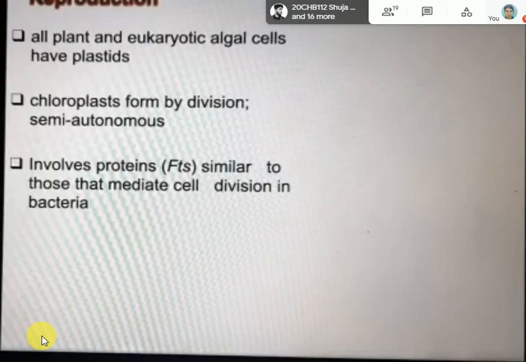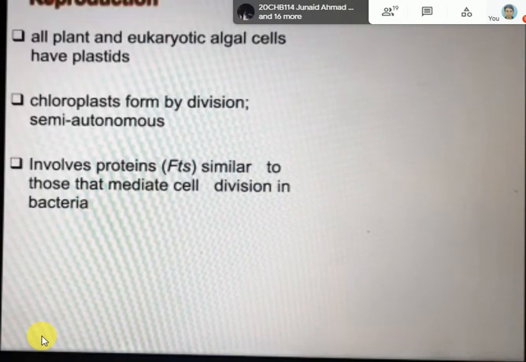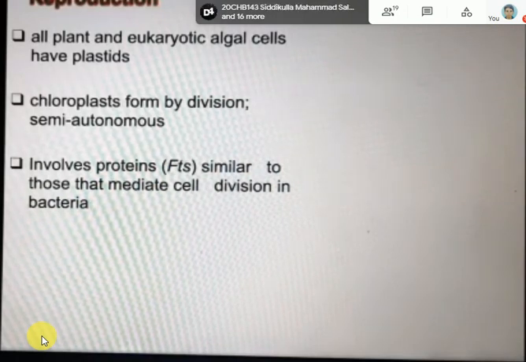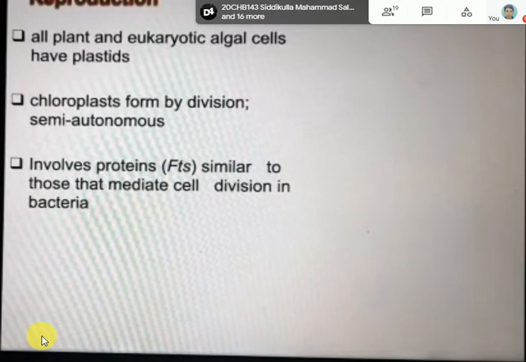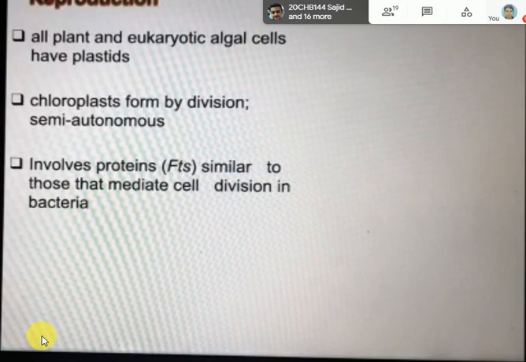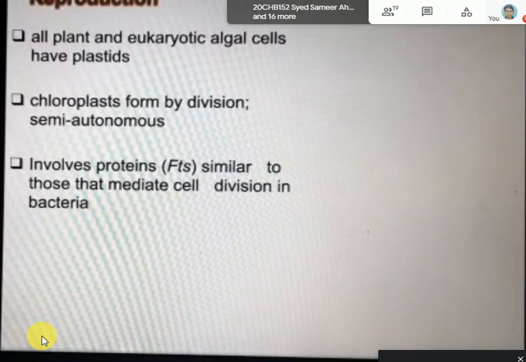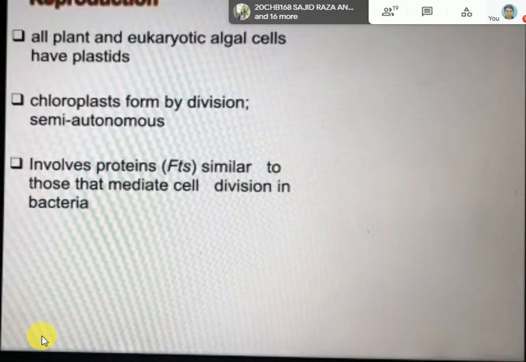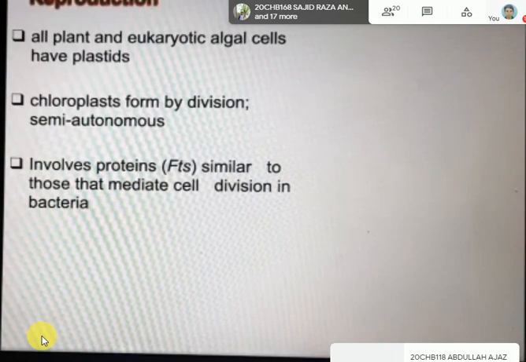So these are certain evolutionary footprints, things which can confirm that the particular cell organelle was actually a bacterium, and it is embedded into the cell. So certain characteristics are still retained by that organelle. One of them is the FtsZ protein that helps in the division of the bacteria.